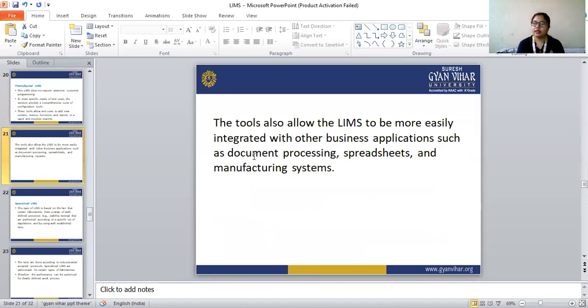The configuration tools provided by the vendors allow the LIMS to be more easily integrated with other business applications such as document processing, spreadsheets, and manufacturing systems.